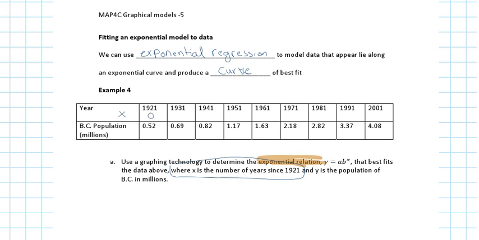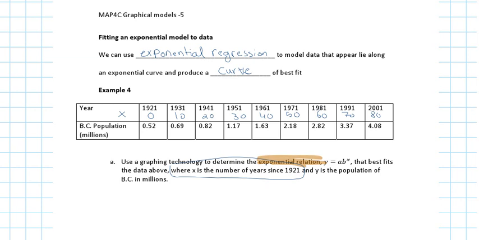How about 1931? 10. 20, 30, 40, 50, 60, 70, 80. That's right, because they want x to be the number of years since 1921. So that means your year 0 is 1921, and y is the population of BC in millions.